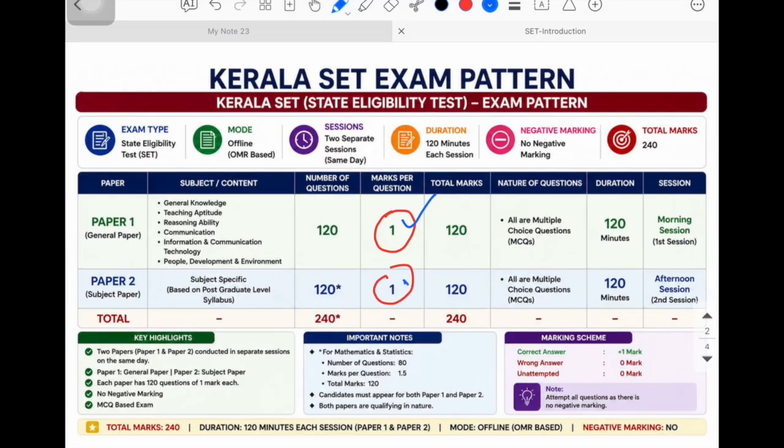But in paper 2 in Kerala, the questions are 1 mark, and they are not difficult like other state examinations, because they are very straightforward. Most of the questions are straightforward, with not too much to solve.